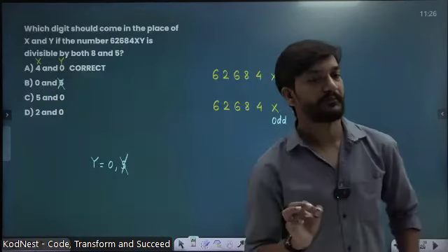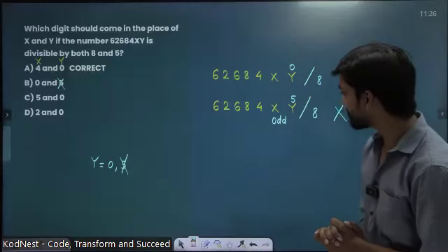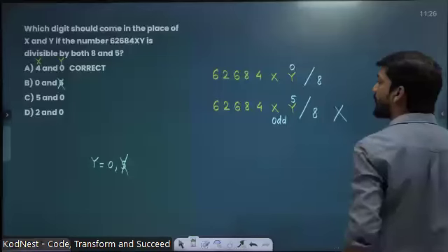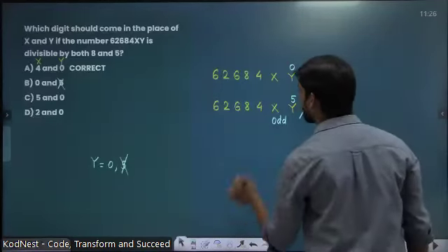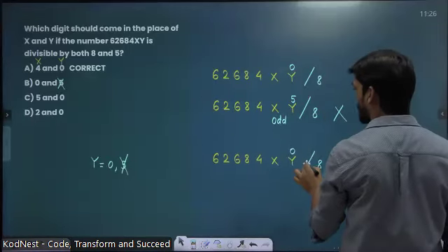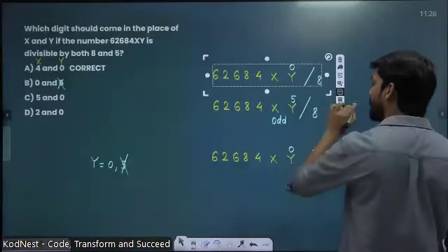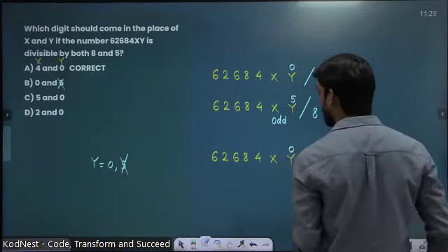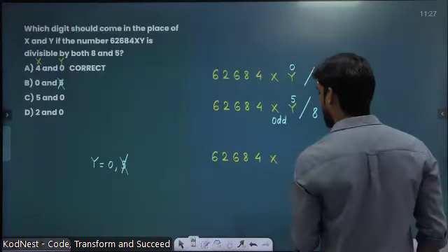Understood this part? All right. So I will have to take y equal to 0 only, not 5, because 5 will not give you in any case a number divisible by 8. It is going to be odd. Okay, 0.